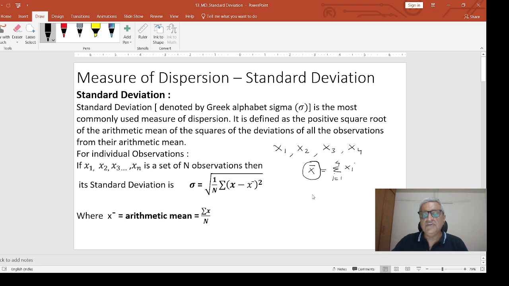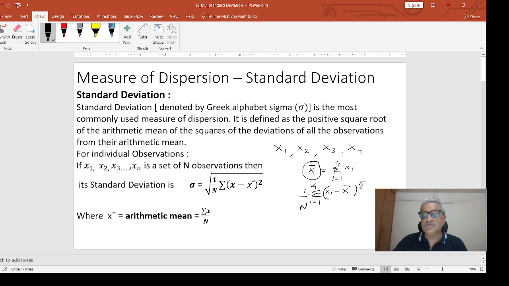After that, I am taking each of the observations and subtracting it from its arithmetic mean, and I am squaring them. Then I'm adding those and dividing by the number of observations.